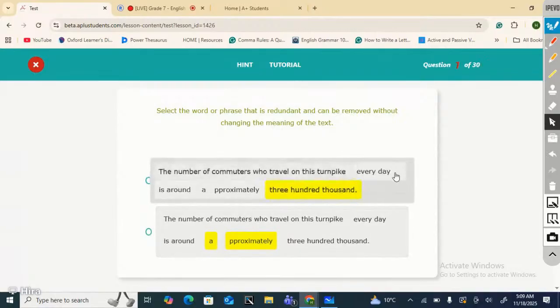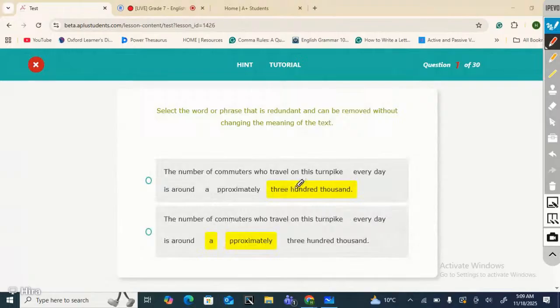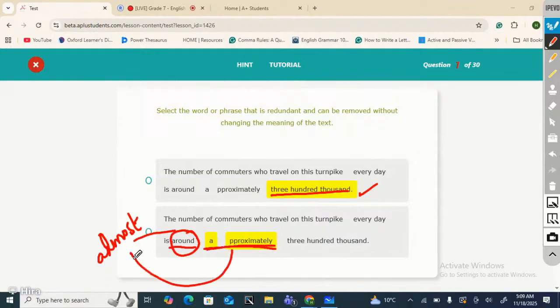Well, let me tell you. This one is clearly not redundant. But the number of commuters who travel on this turnpike every day is around approximately 300,000. The word around is already used. It means almost. And the word approximately also means the same thing.